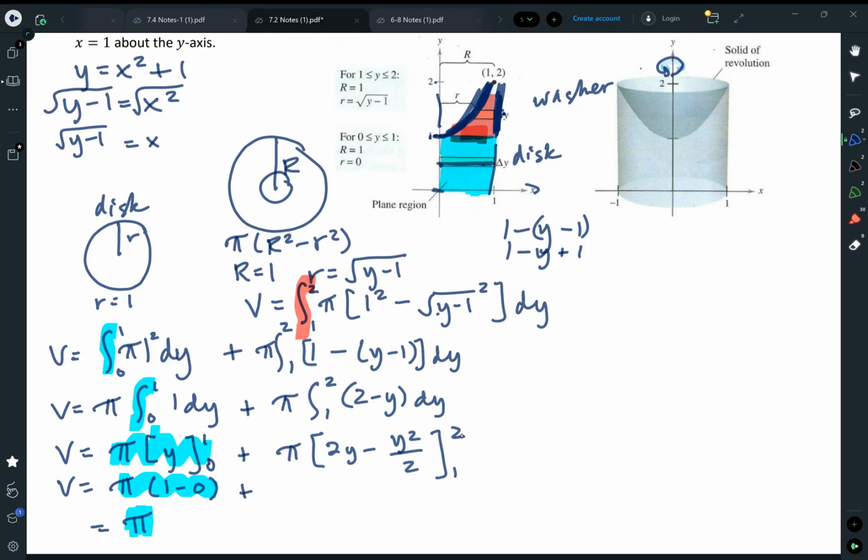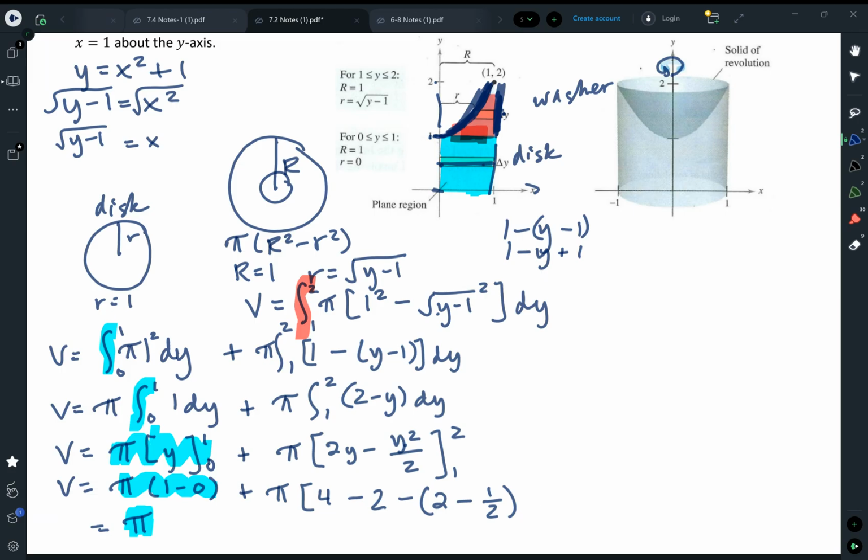So let's see, when we plug in 2, 2 times 2 is 4, minus 2 squared is 4, divided by 2 is 2, minus, okay, now we're going to plug in 1. I'm trying to really go slowly. 2 times 1 is 2, minus sign for the problem. When we put 1 into the second part of this, 1 squared divided by 2 would be a 1/2.